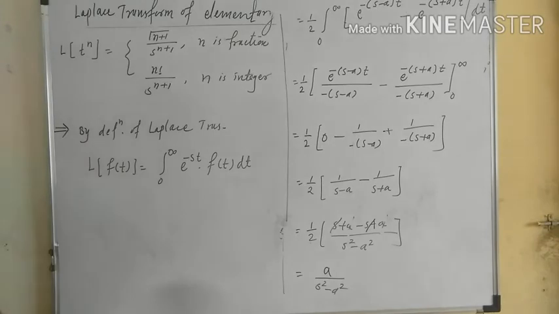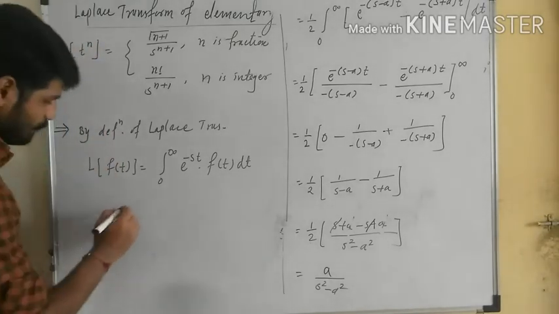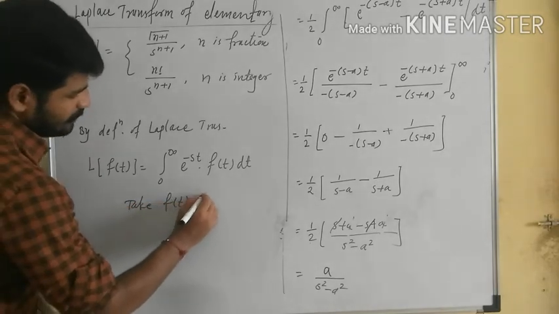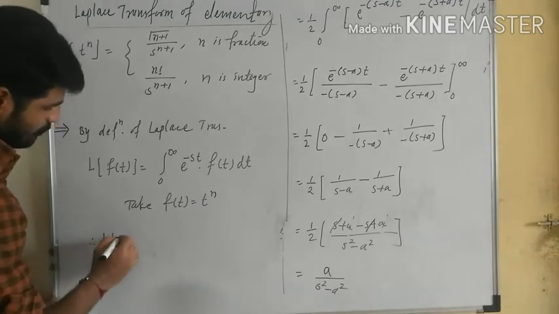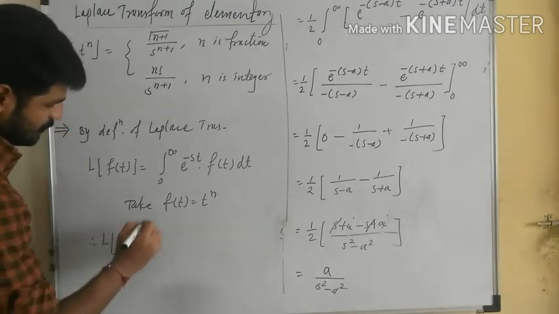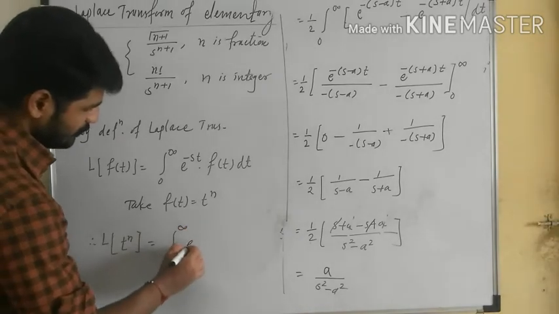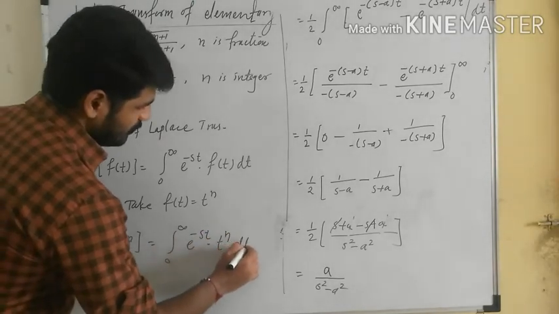Now we have to take f of t is equal to t raised to n. So therefore we get Laplace transform of t raised to n is equal to integral from 0 to infinity e raised to minus st into t raised to n dt.